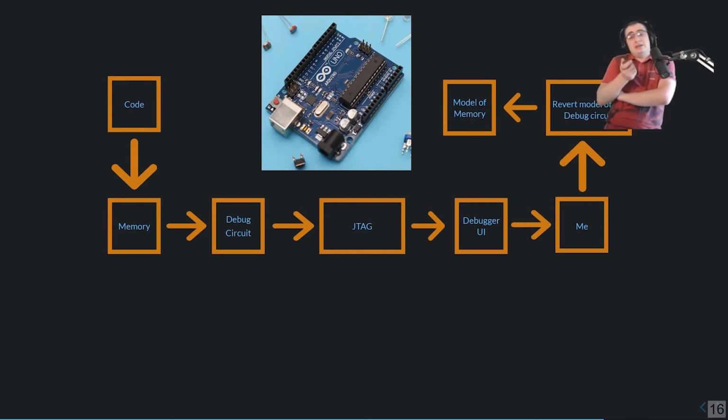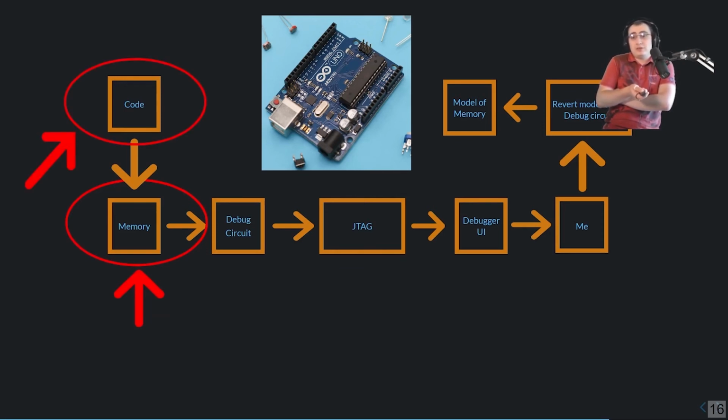Well, that's kind of a problem, because to know what is in memory, and to be exact, to know what the code did, I have to go through this inverted model. It means that I can know about what's really happening on the chip only as much as my inverted model of the debug circuit is right.